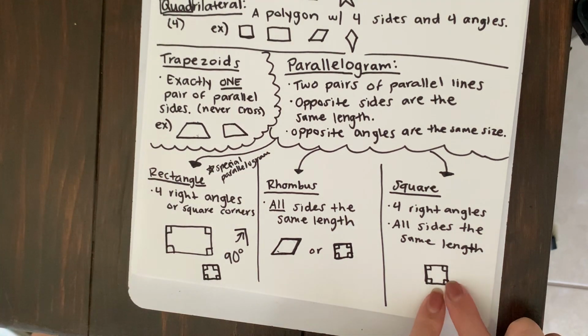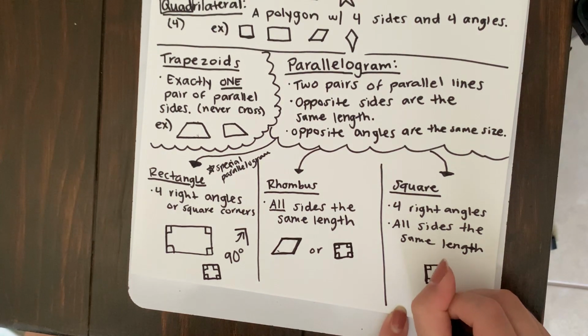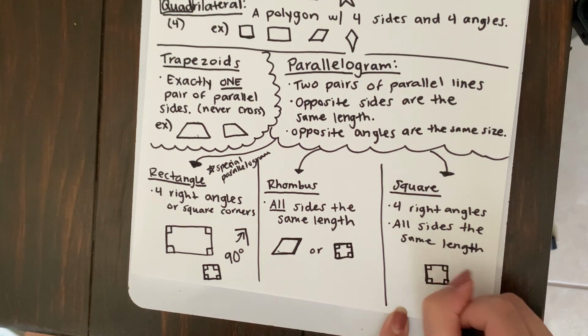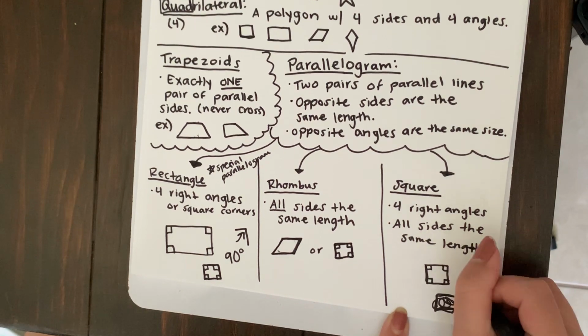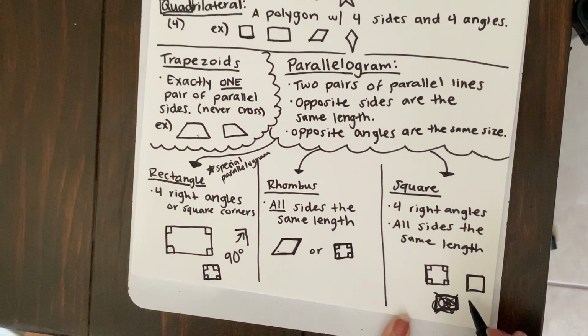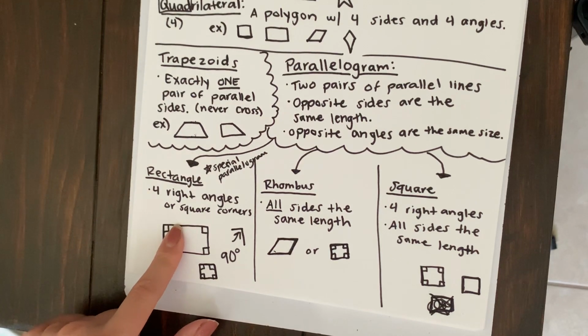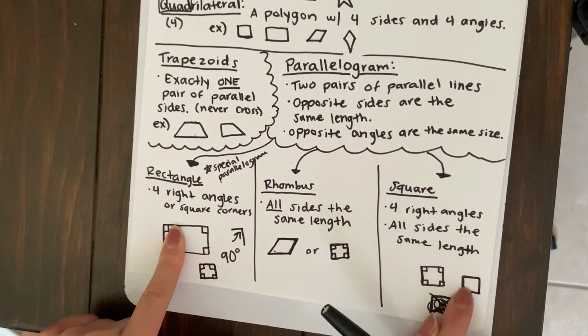But this shape, a square that looks just like this, if it's kind of rectangular, pretend it's perfect. There we go, X that out. So this shape can be called a rhombus because all of its sides are the same length. It can be called a rectangle because it has 4 square corners.